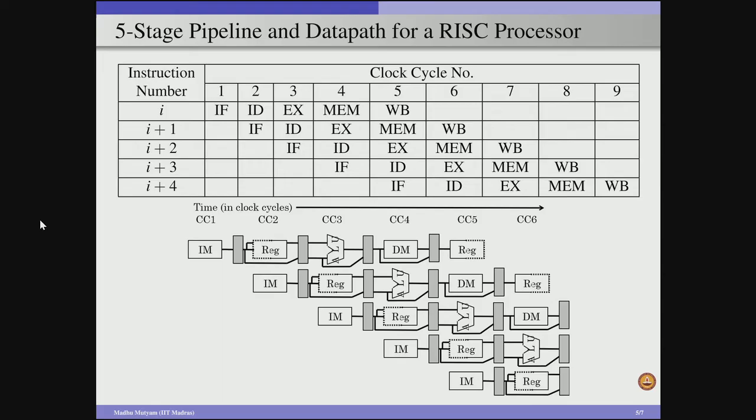While we are performing a register read from the register file, our instruction memory is free, so we can perform a read operation from instruction memory. As a result, we can see in CC2, that is clock cycle 2, we can perform operations on these two components simultaneously. One is reading from the register file, the other is reading from the instruction memory.